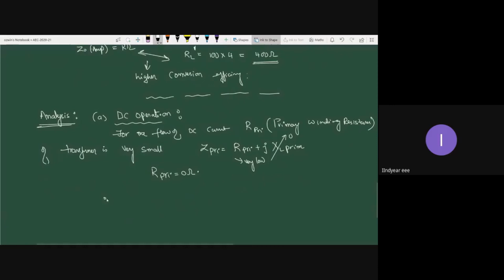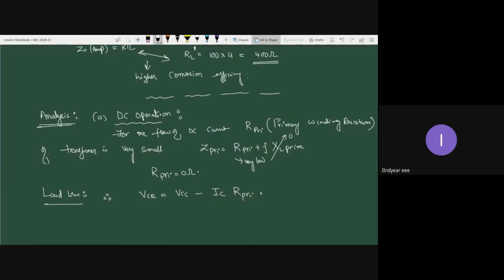So therefore, you can construct the load line. Your normal equation for the load line, that is the transistor output equation, is VCE is equal to VCC minus IC into RC, right? In this case, there is no RC.